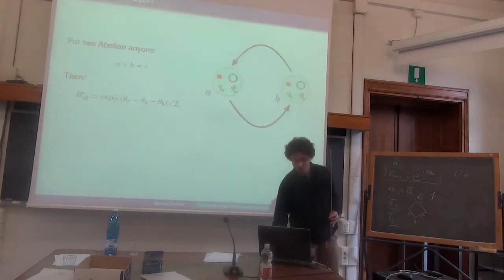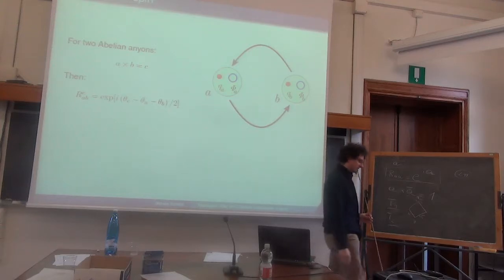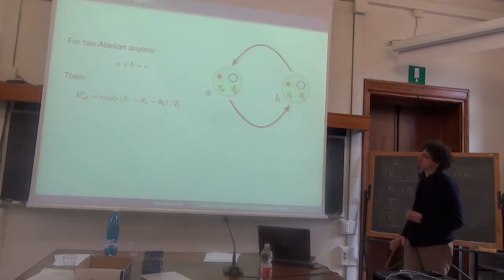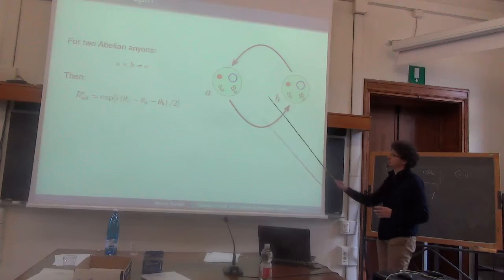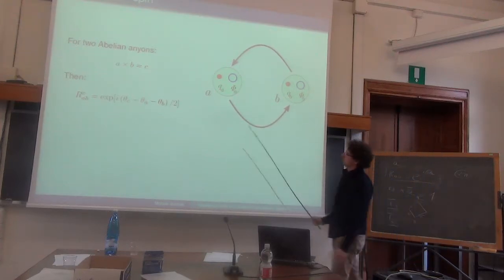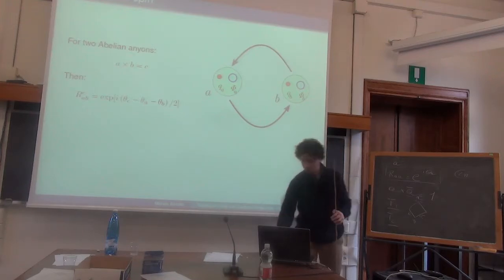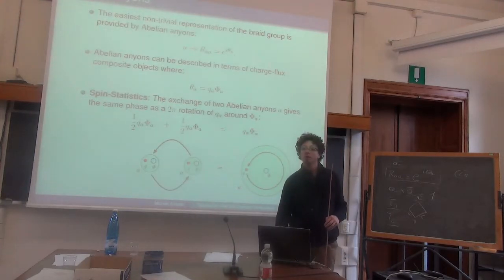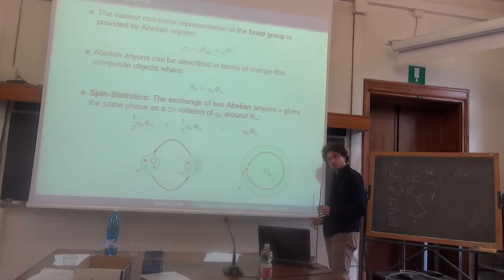And this is a powerful tool that we can also exploit to understand what happens when we braid two different abelian anions. Sorry, but before you stipulated that these anions had to be some large distance apart. But when you're forming these kind of bound pairs, do they have to be a long distance apart within the pair as well, or not?